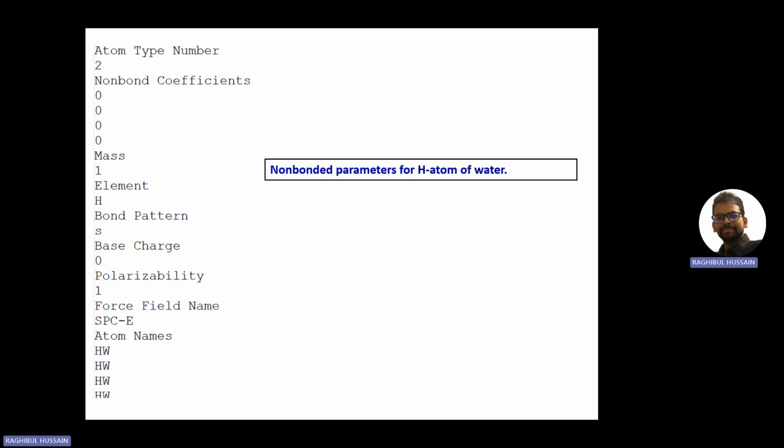Mass is 1, element is hydrogen, bond is S. Here we have SPC and the name is HW. Similarly, if in your system there are 10 atoms, you have to repeat this format 10 times, once for each atom type. Any question? Okay.